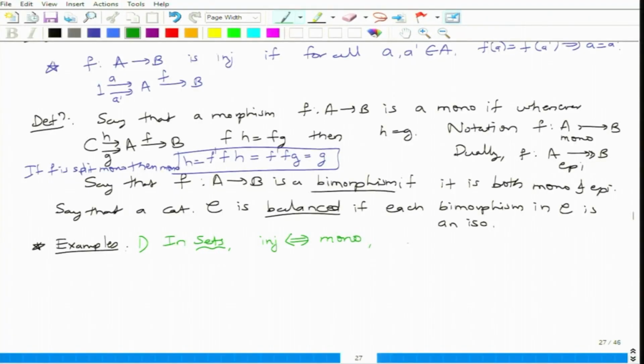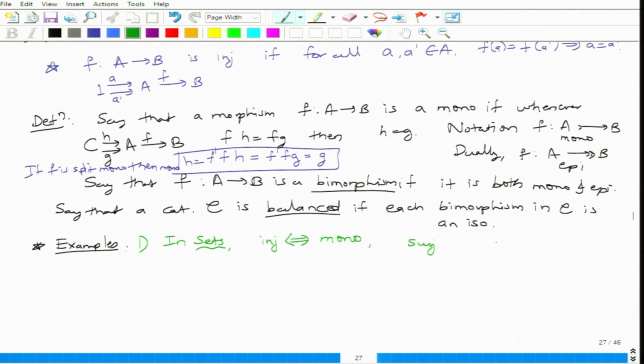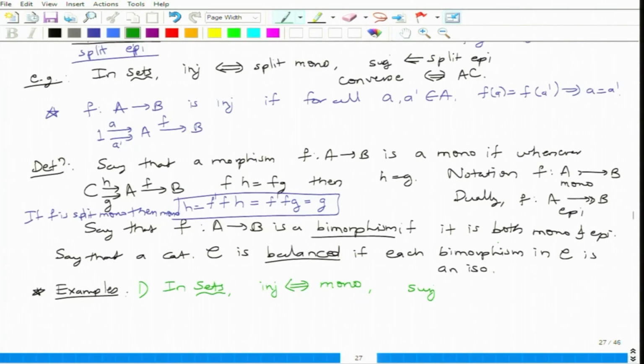So is a surjective morphism a split epi or not? Split epi implies surjective, that is clear. But can you show that surjective morphisms are epimorphisms?